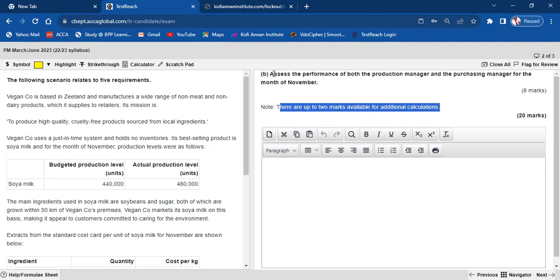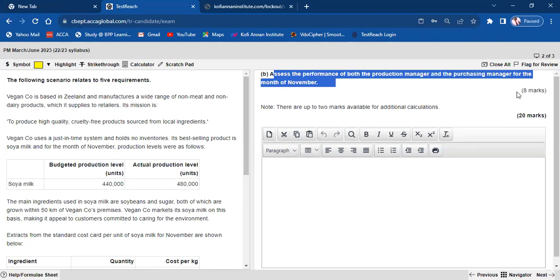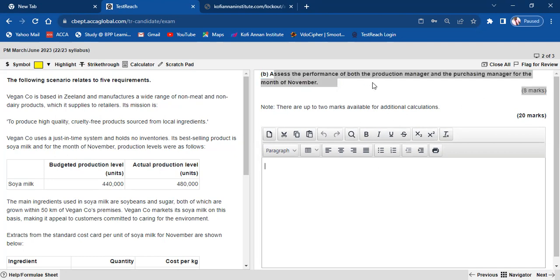So of this 8 marks narrative, you could get up to 2 for doing additional calculations. Assess the performance of both the production manager and the purchasing manager. First thing I'll do, I'll copy this. Highlight, Control C to copy, Control V to paste.